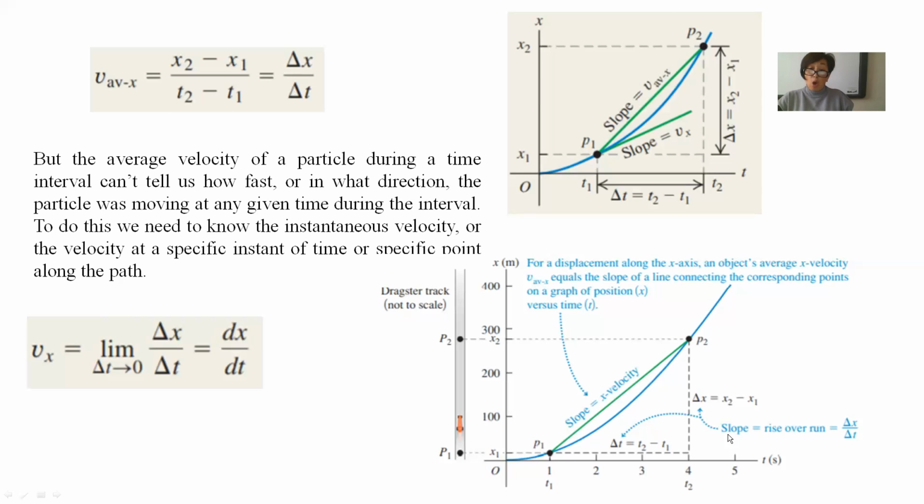So the slope equals rise over run, equal to delta x divided by delta t.